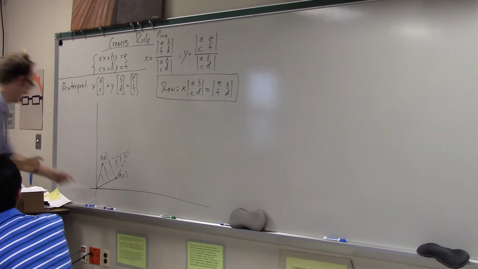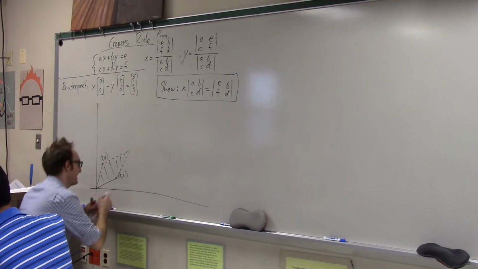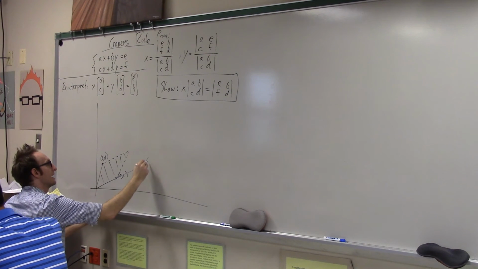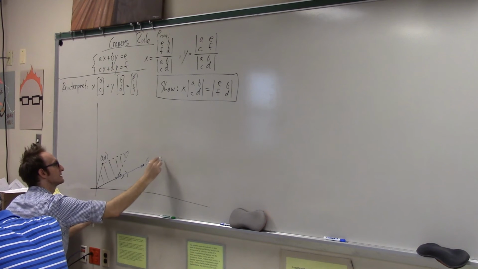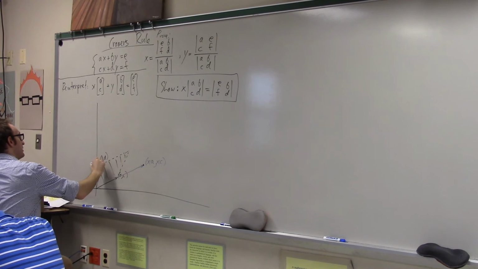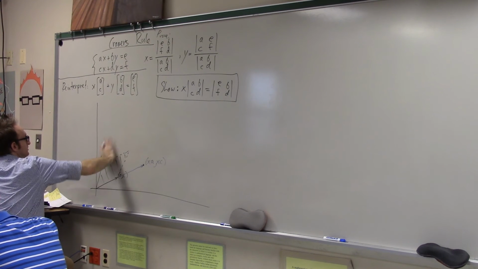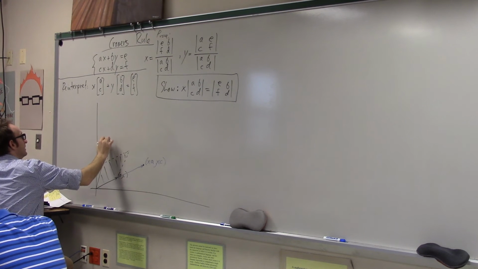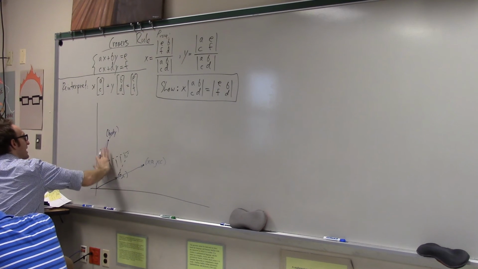Okay, let's draw it. Let's scale vector AC by x. Good job. And this is XA comma XC. Okay, now what? Now let's scale vector BD by quantity y. So that's YB comma YD. Okay, cool.